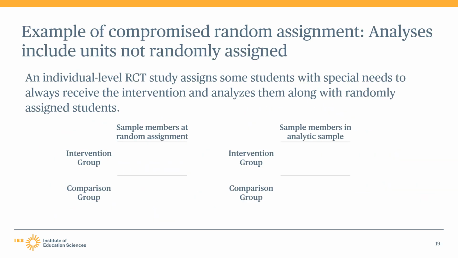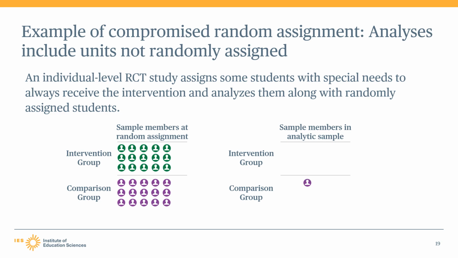Recall that an RCT is compromised when individuals or clusters in the analytic sample used to estimate findings were not subject to random assignment. Let's consider an example study where 3 students with special needs always receive the intervention because the teacher believes withholding the intervention would be unethical for these students.